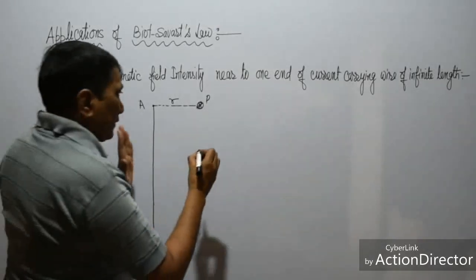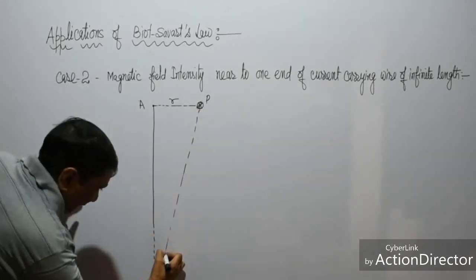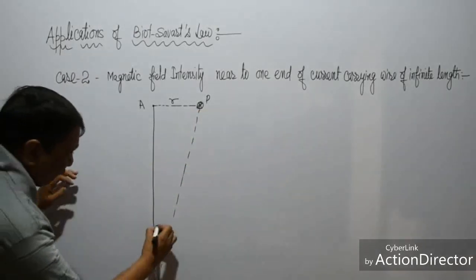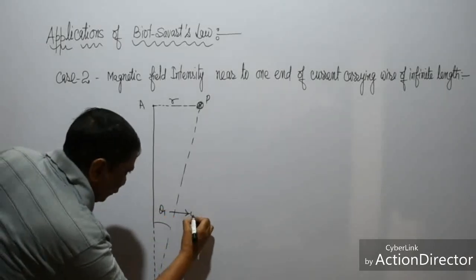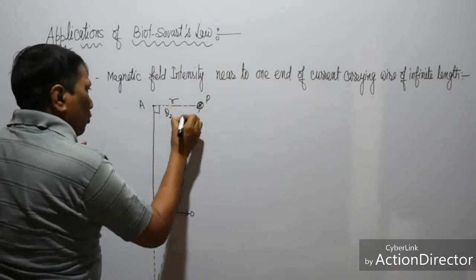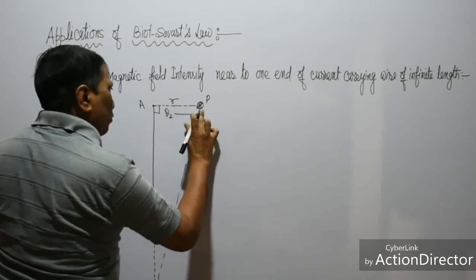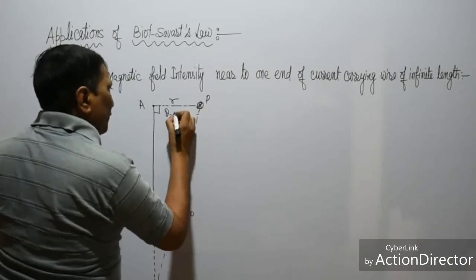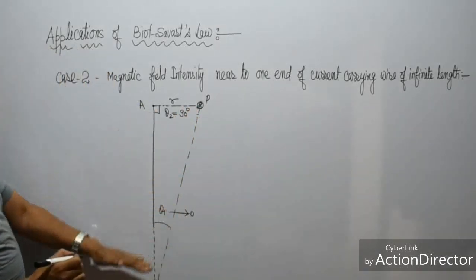So what is our case? Since this end goes to infinity, theta 1 tends to 0, and this angle theta 2 is equal to 90 degrees. So that will be the change.